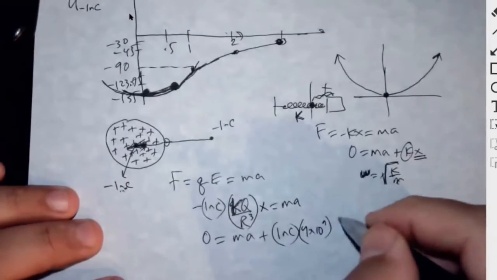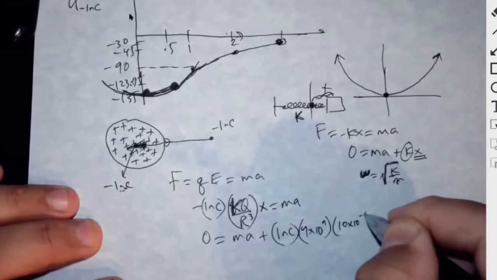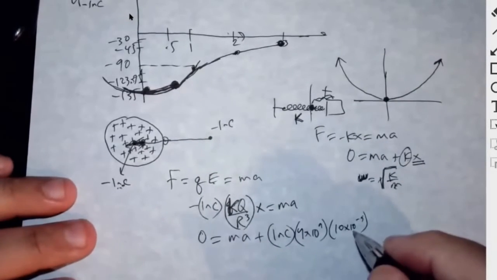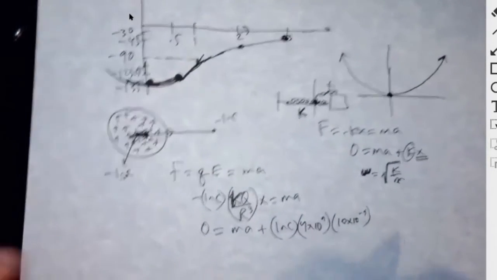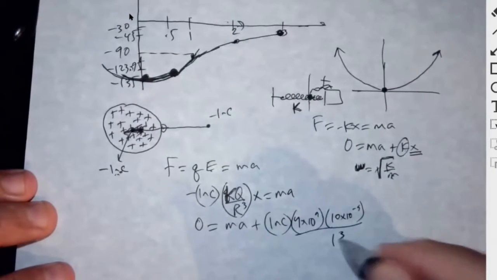I think it was 10, right? 10 nanocoulombs. Yeah, 10 nanocoulombs. And the radius was 1 meter, was it? Yeah, 1 meter over 1 cubed.